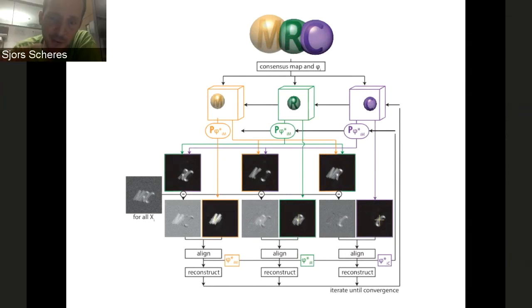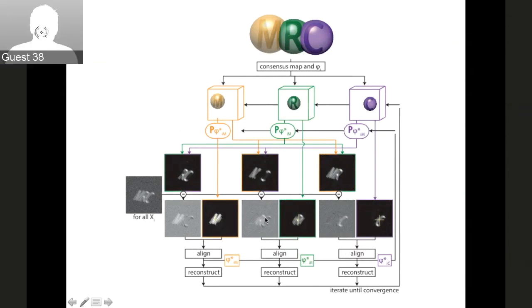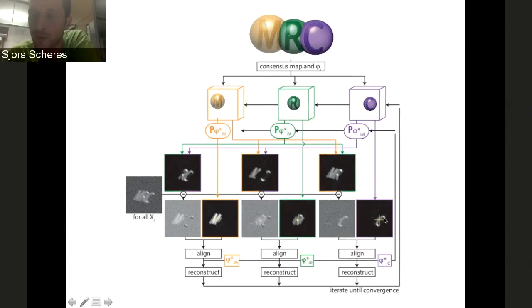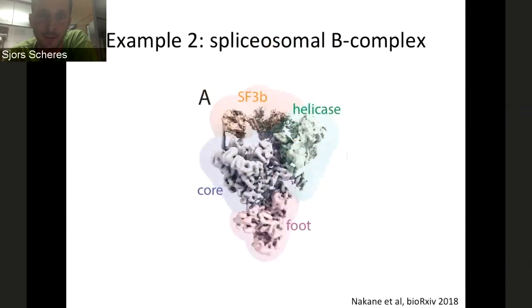And this you iterate all the way until the orientations don't change anymore, and the resolutions of the separate reconstructions for the M, the R, and the C domains don't improve any longer. So in that way, it's similar to just auto-refinement.